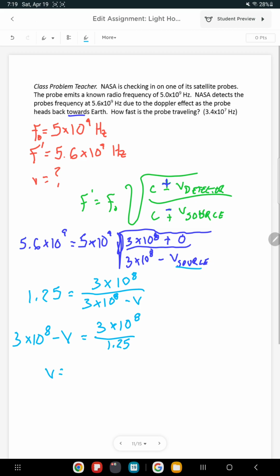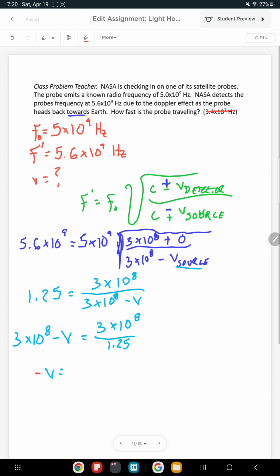Pause it. All right, doing the math, I found a mistake. This is not right. One, it's in hertz and not meters per second. I must have copied over from another problem and never put the proper units in. So you take 3 times 10 to the 8th divided by 1.25, and then you subtract 3 times 10 to the 8th.